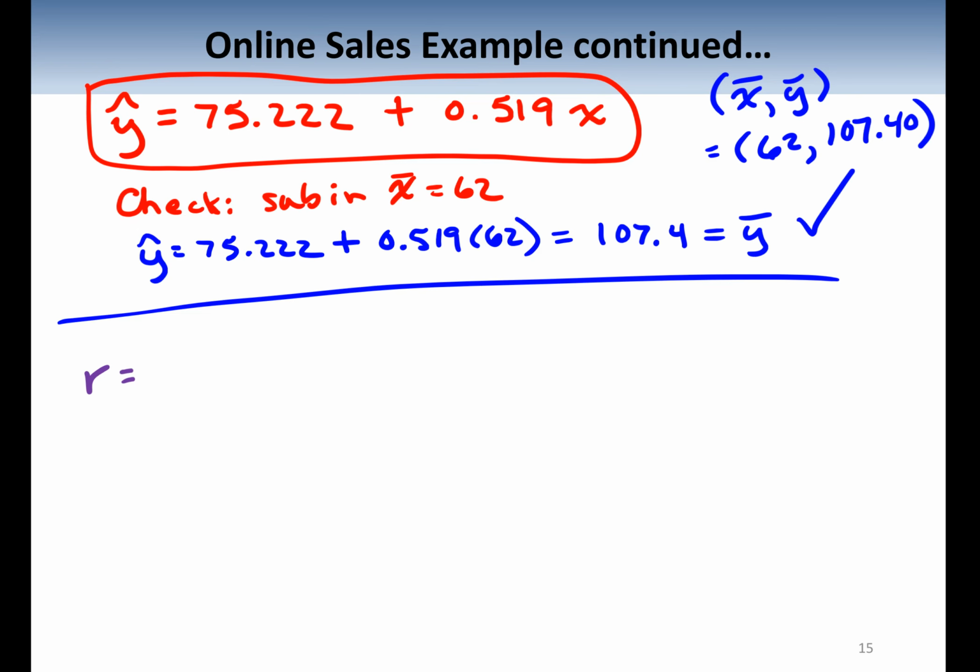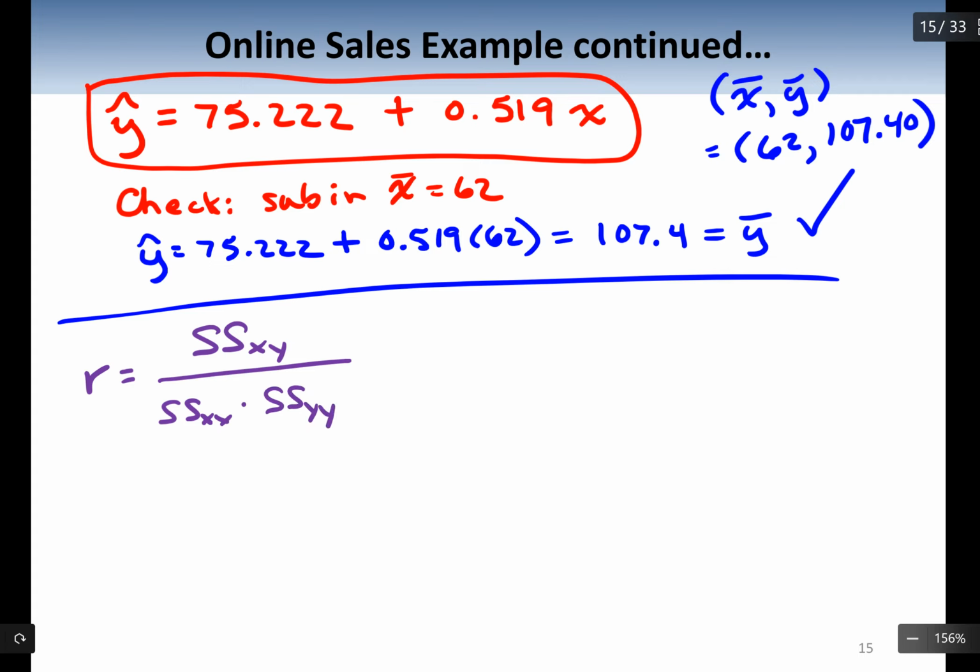So we know it's going to be between 0 and 1 and probably close to 1. We can predict that just by looking at the scatter plot. So let's see for sure. We'll get the exact number here using this formula. Multiply that by the sum of the squares for the y's. Take the square root of that.